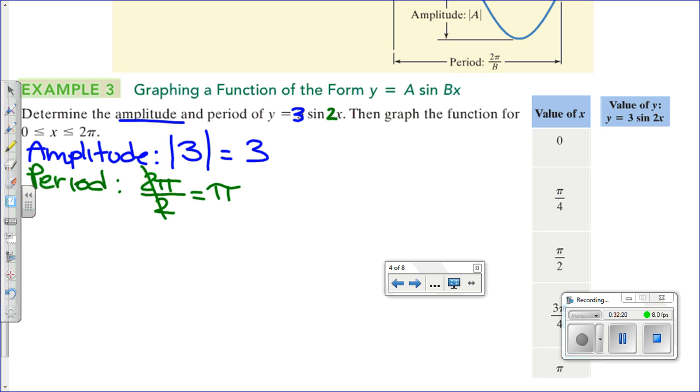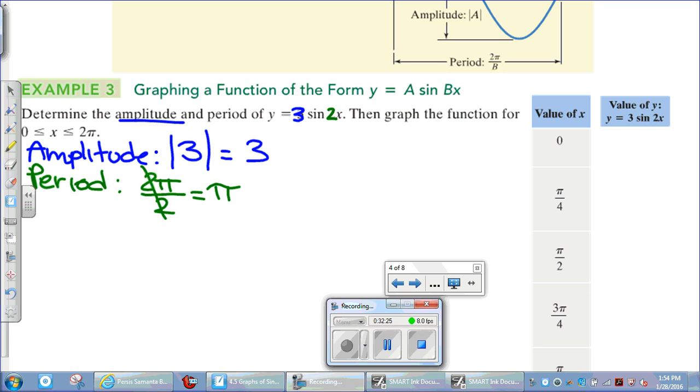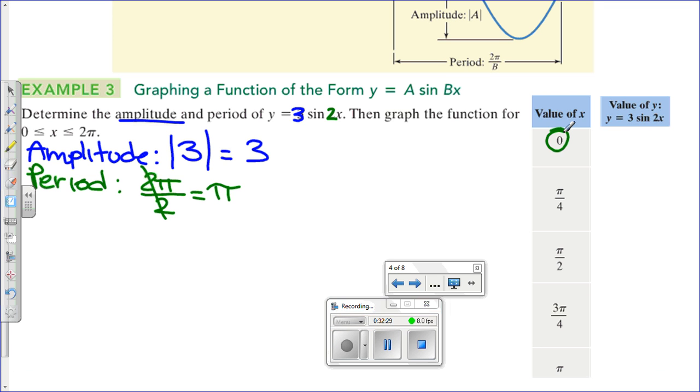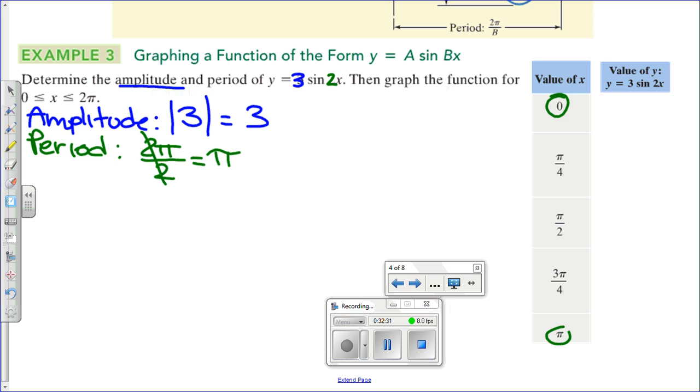So what that tells me is that my 5 key points for a full cycle are going to be, the first one will be 0, and the very last one, if you notice, it will be pi. Okay, that will give me a full cycle. From 0 up, down, and then again. That's what I mean by a full cycle.